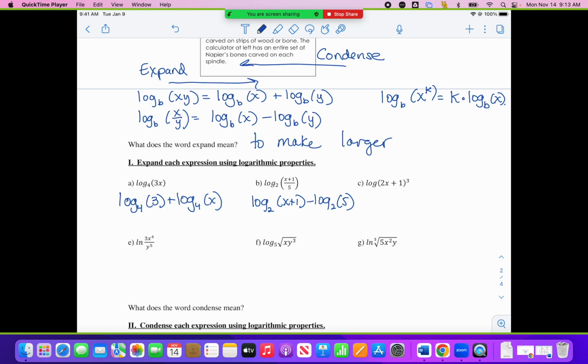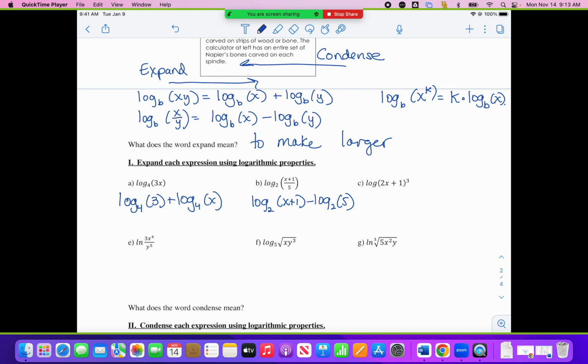Here's what I'd like you to do. If you have your graphing calculators, take them out. Let's do an experiment. Let's just do the LOG button so that we don't need to worry. We'll just use the common log. I want you to type in log parenthesis 2 plus 3. And then I want you to do log 2 plus log 3.